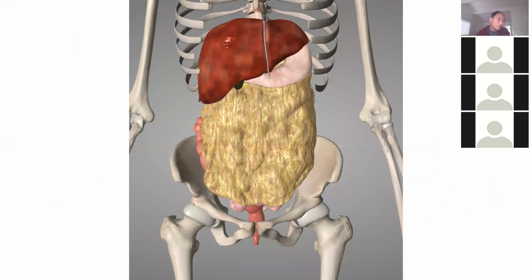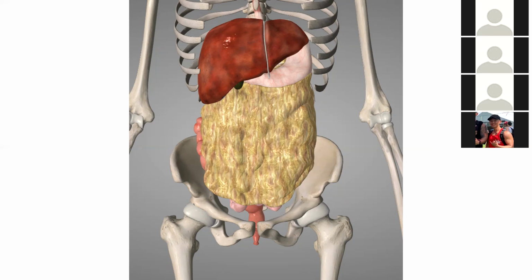So now we split the peritoneum, and what are you going to see? Oh my God, a flat sheet of fatty tissue. Wait, this fatty tissue is called omentum, O-M-E-N-T-U-M.